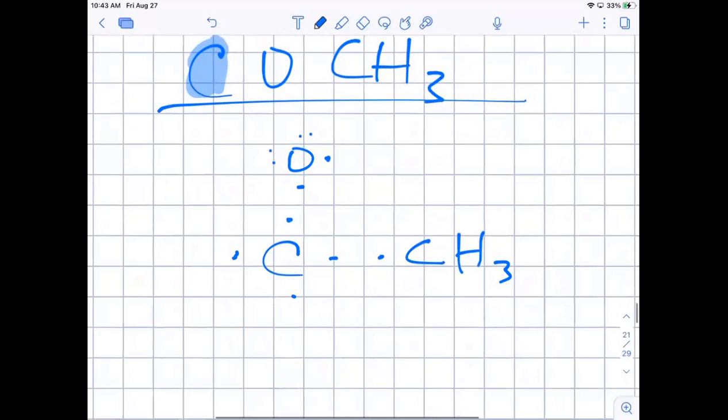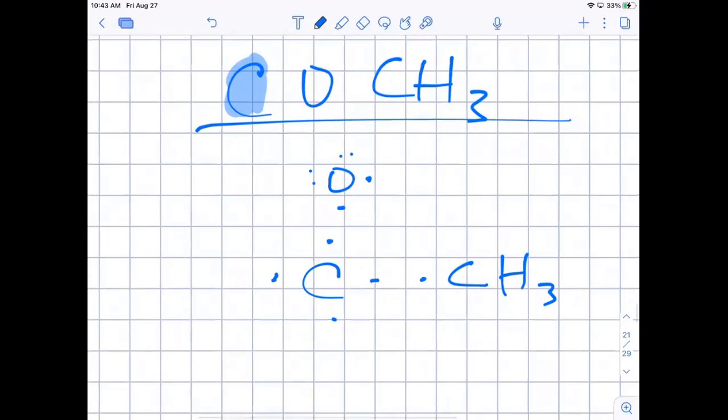So here, if we look at the carbon, we have 4 bonds around, 4 electrons around it. I need to put an H over here. So now this carbon has 1, 2, 3, 4, 5, 6, 7 electrons around it, so it doesn't have an octet.